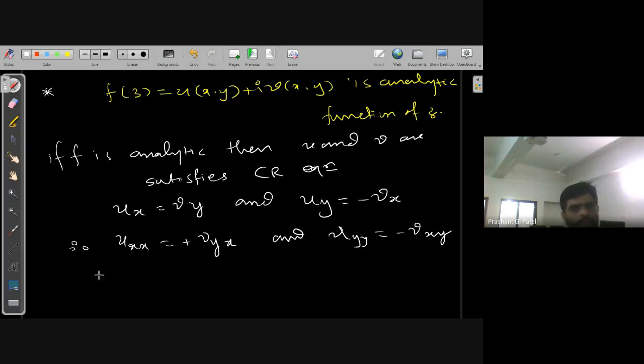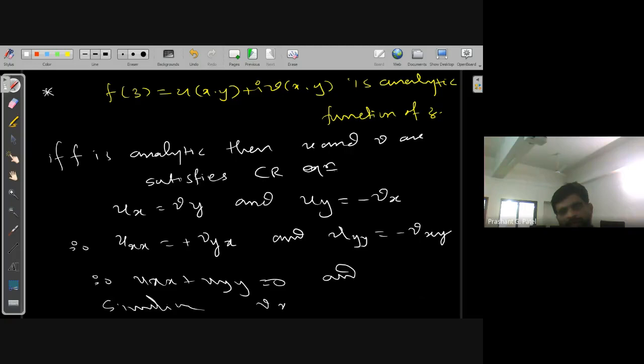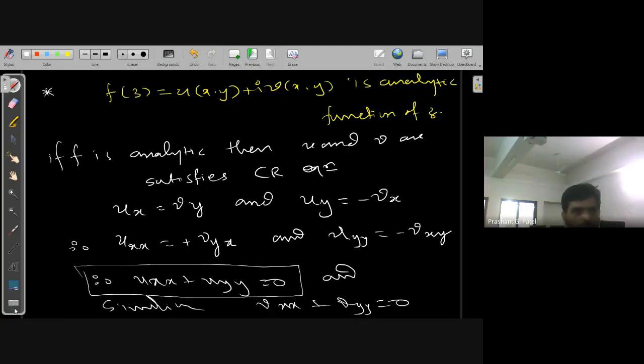So that's why uxx plus uyy equals 0. Similarly, we also get vxx plus vyy equal to 0. So that is the differential equation you have. It is a second order differential equation, and it is known as the two-dimensional Laplace equation.